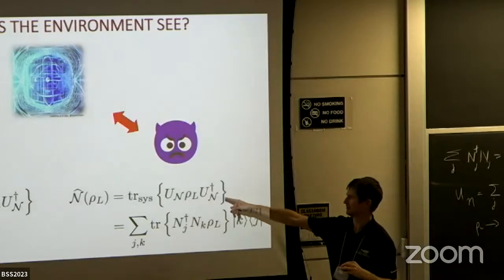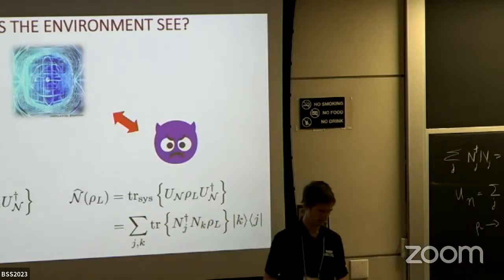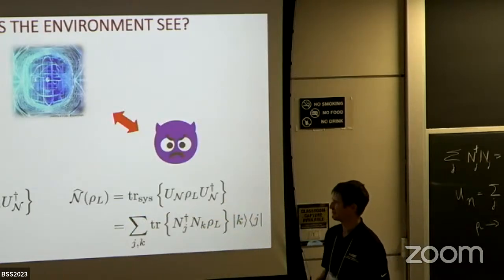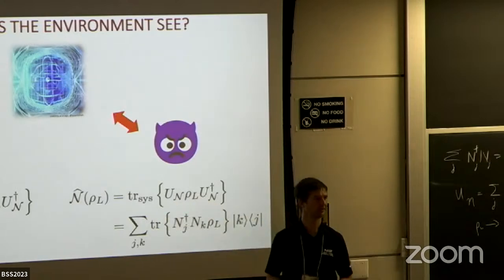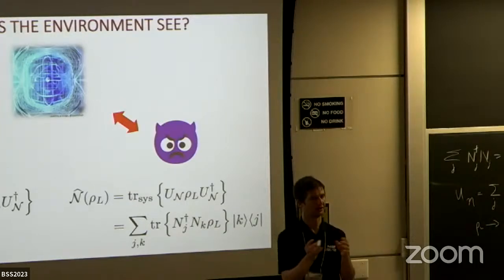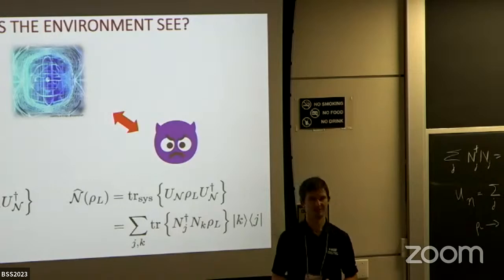Oh, you mean on this level? These two should have the same spectrum? If rho is pure, then it's factorizable, but even then the eigenvalues are multiplied. Yeah, but if it's mixed, it's kind of, yeah.